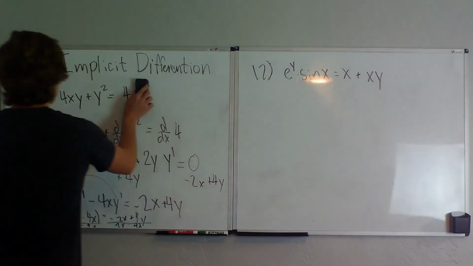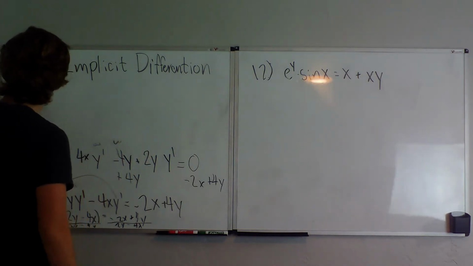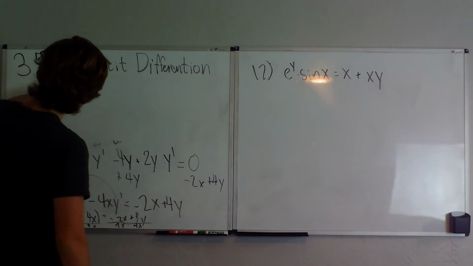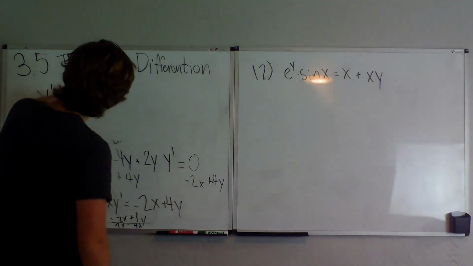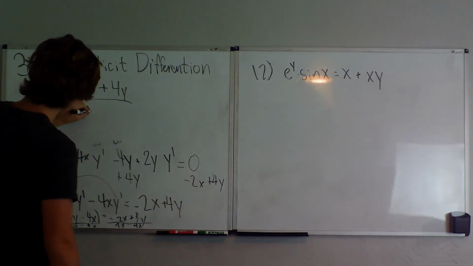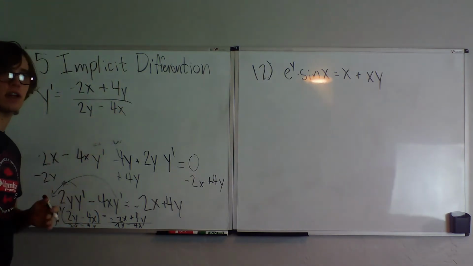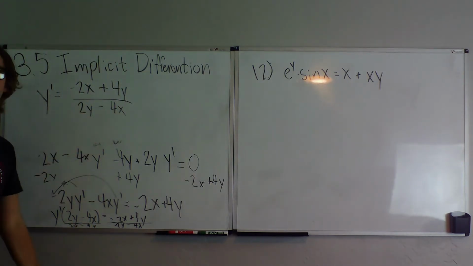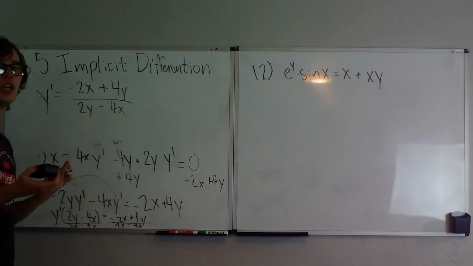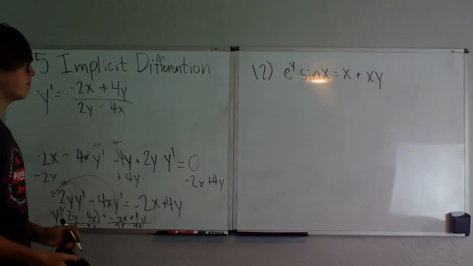Well, our final answer is going to be that y prime is equal to negative 2x plus 4y divided by 2y minus 4x. And that's going to be our final answer. So that's how you do this. It's not too bad. You just do it term by term, and every time you differentiate y, you multiply it by y prime at the very end of that.